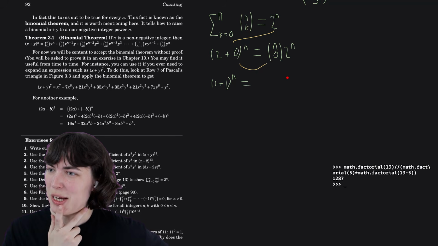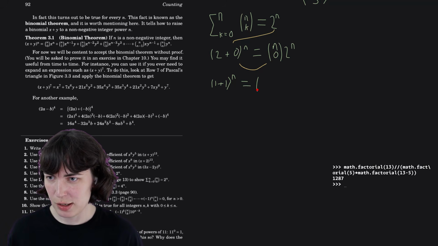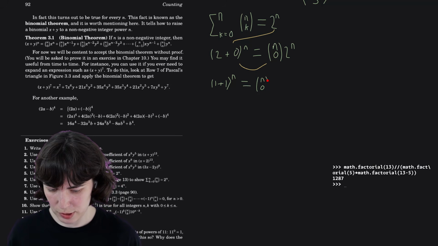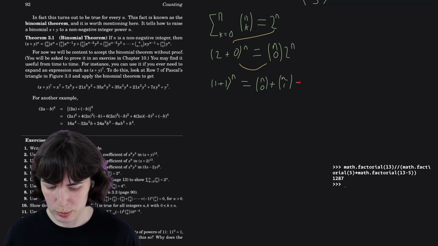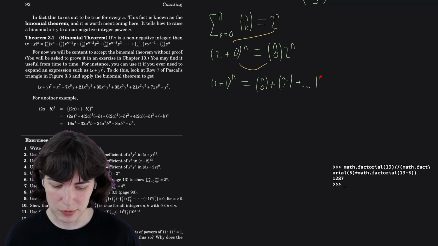Yeah. So this expands to basically, I really need to get my Apple Pencil going on this, but n choose 0 plus n choose 1 plus all the way through to, it is n, isn't it?